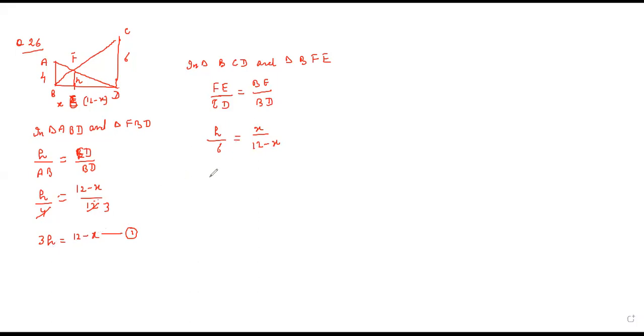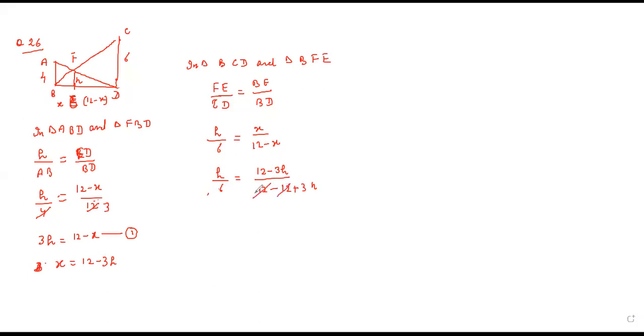So I can substitute the value of X. From here, X is equal to 12 minus 3H. So this is H over 6 is equal to 12 minus 3H upon 12 minus... wherever there is X, I have substituted 12 minus 3H. So 12 minus of 12 plus 3H.